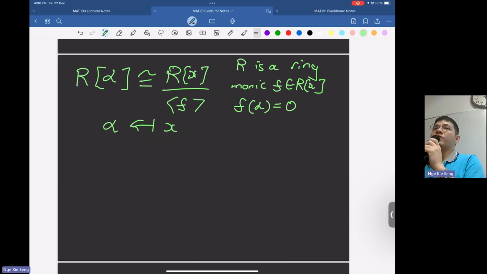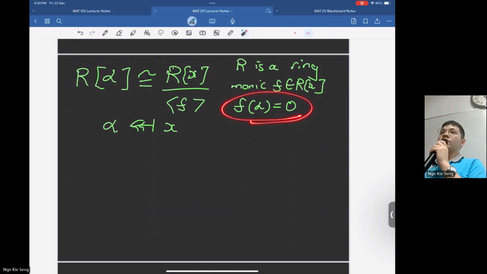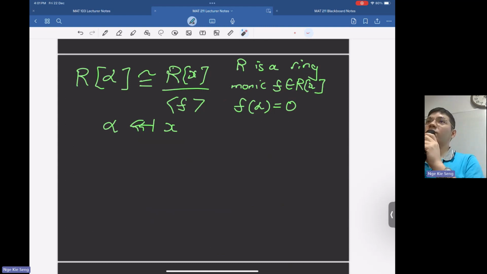Or you just use the first isomorphism theorem, because this map is actually a surjective map. The kernel of this map is the polynomials that send alpha to 0. What's the kernel? It's the polynomials that evaluate to 0, which is given by your f, because this is exactly the setting of my alpha.